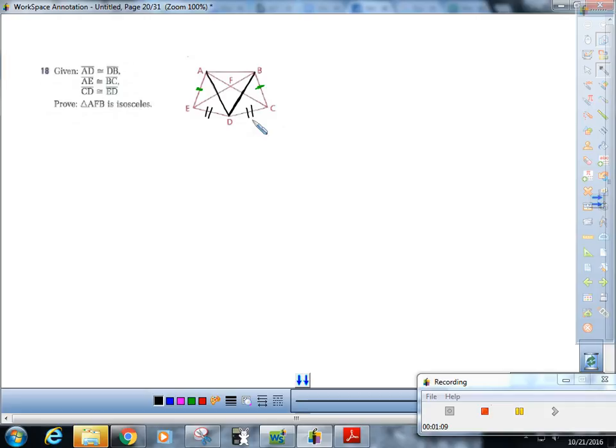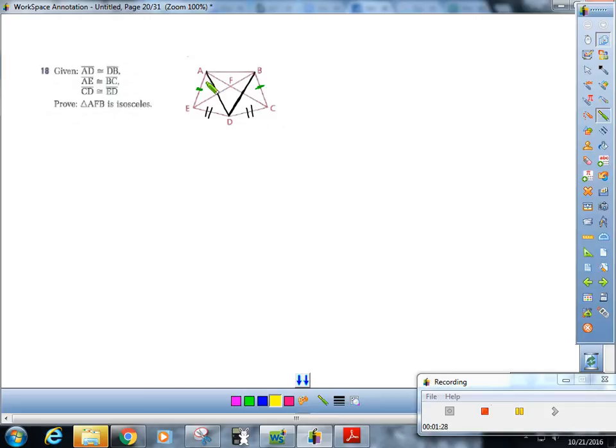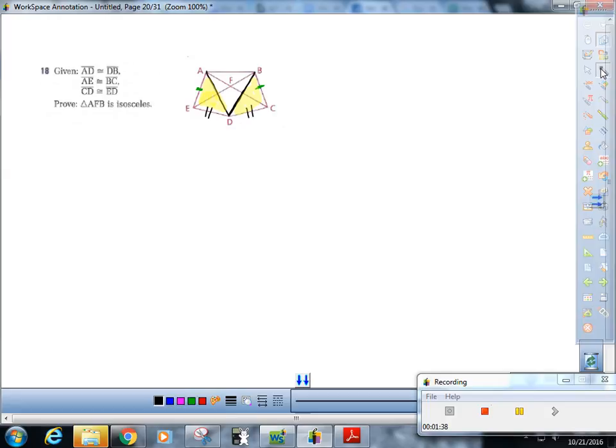All right, I think I got it. It's really not that bad, I don't think. Okay, I think we're going to prove that triangle AED is congruent to triangle BCD by side, and then I'm just going to CPCTC my way to AB.